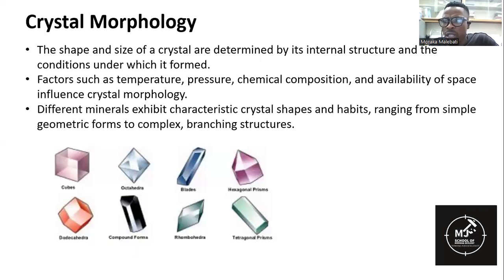Now, crystal morphology is about shape. The shape and size of crystals are determined by their internal structure and the conditions under which they formed. In mineralogy, what we see externally is exactly what is happening internally, so the external appearance is reflected by the internal structure. Factors such as temperature, pressure, chemical composition, and availability of space influence crystal morphology.